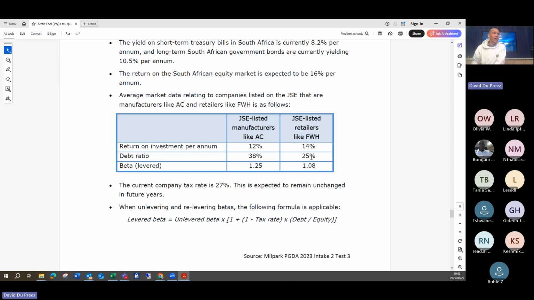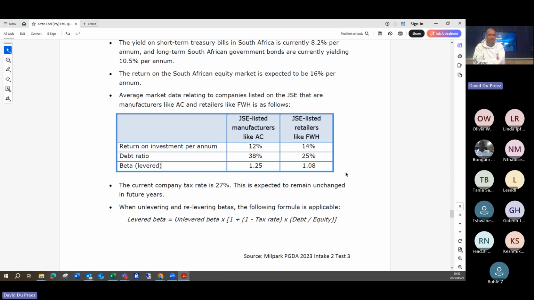And so now what I need to do is, they're saying that this beta that is given to me for this entity is levered. What does it mean when it is levered? No clue.